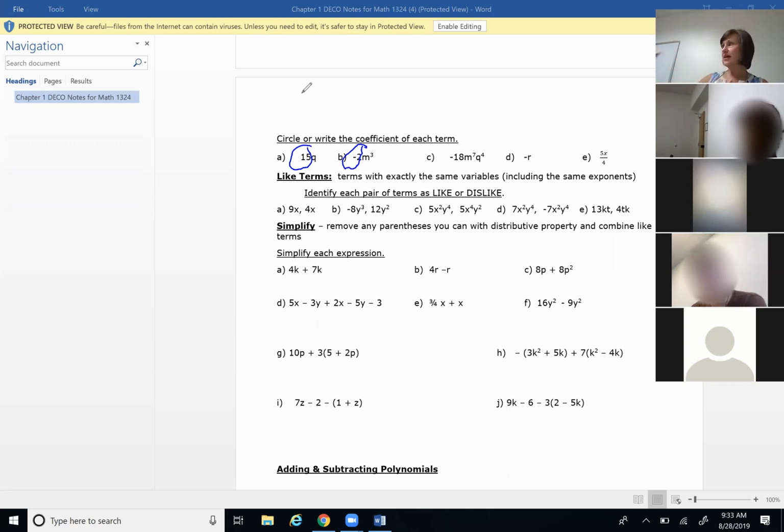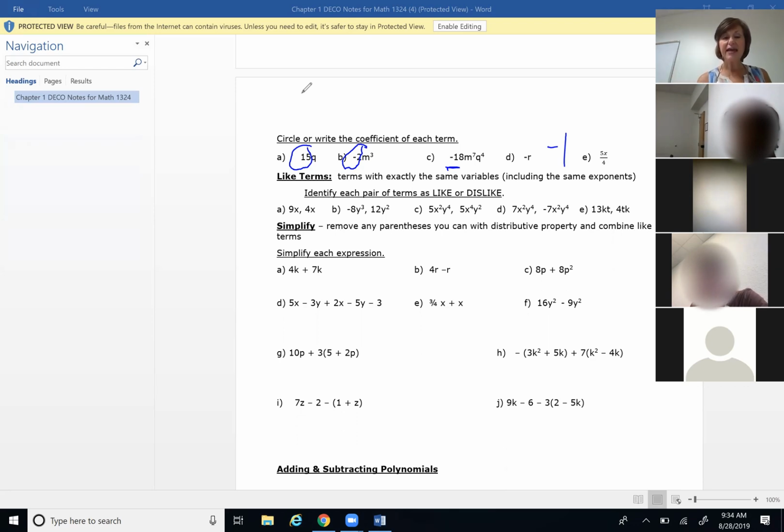If there's an exponent there, the only thing that the exponent is attached to is what's right in front of it. All right, and on D, what would be your coefficient there? Oh, that's C, is -18. You're right. What about on D? -1. Very good. Okay, so we would include that sign with it.